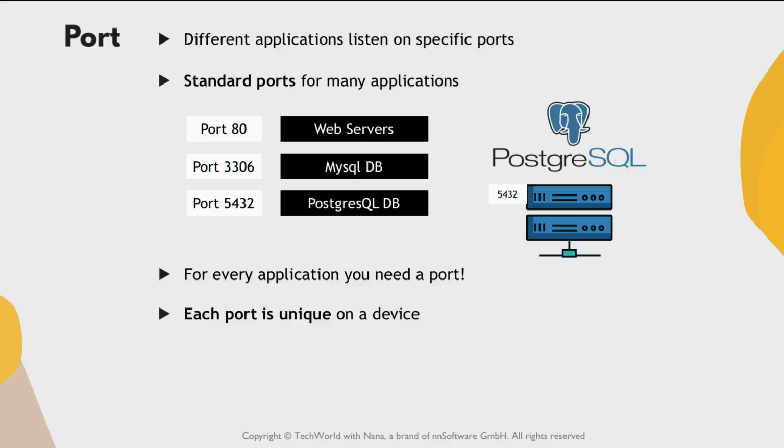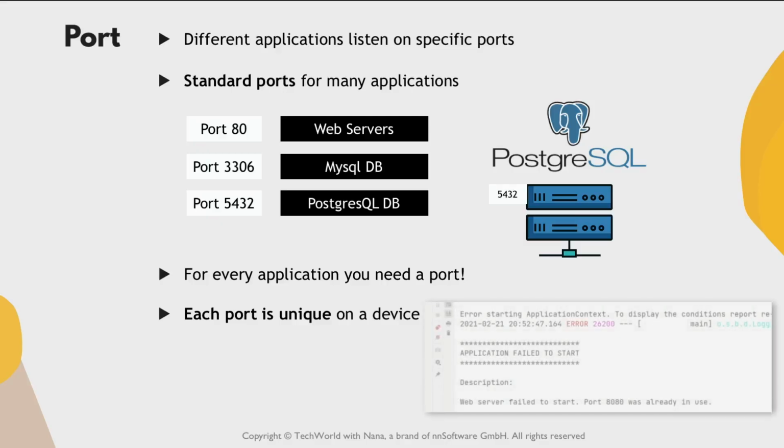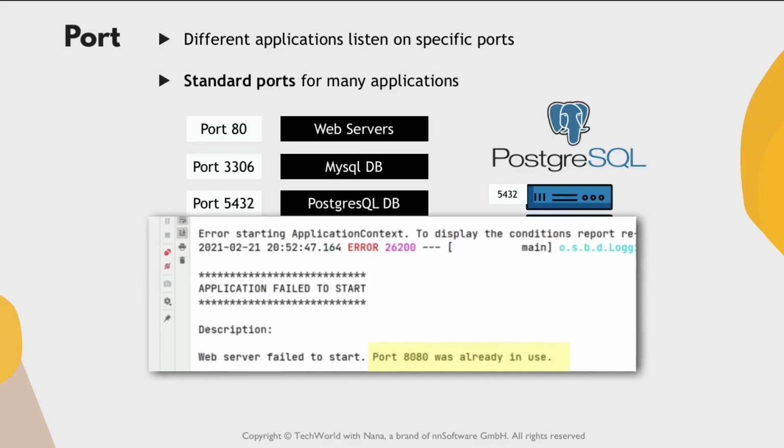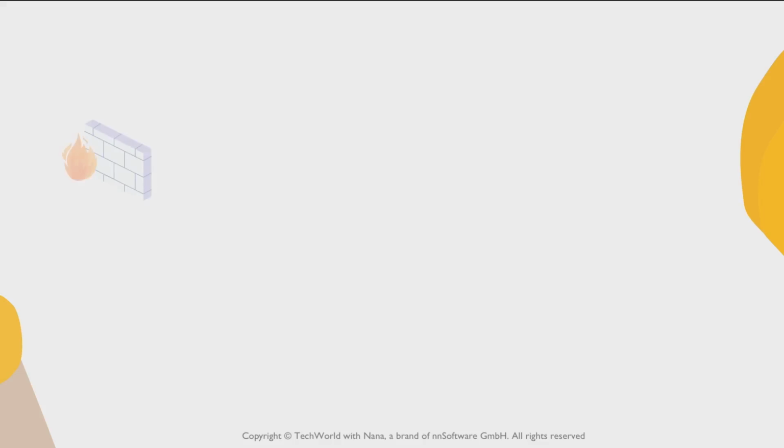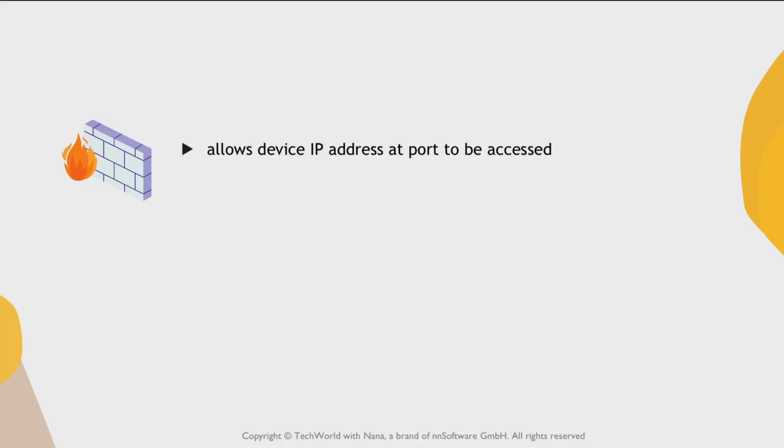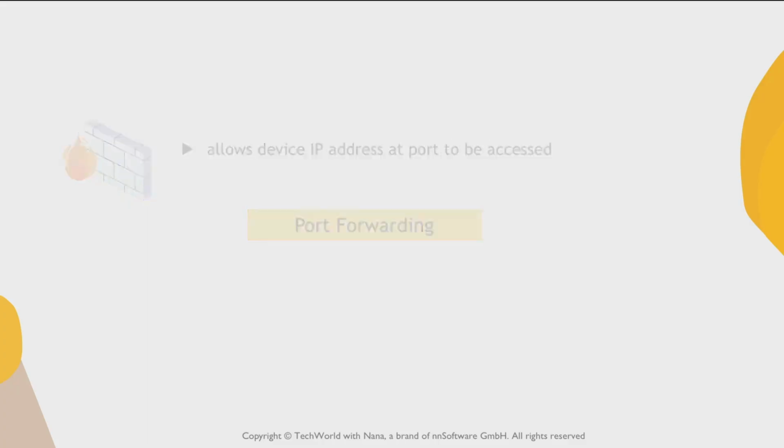If you try to start the second application on the same port, you will get an error which says port already in use. So the firewall configuration allows a specific combination of device IP address and port to be accessed. So a firewall is like a guard that is standing in front of the building and checks and verifies who can enter which door. And that configuration is also called port forwarding configuration.